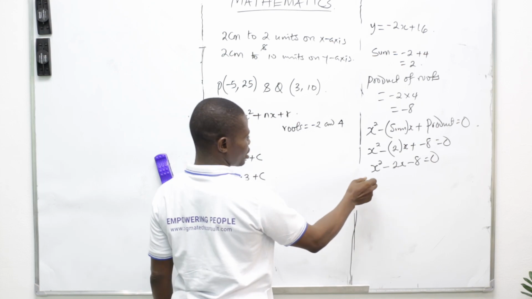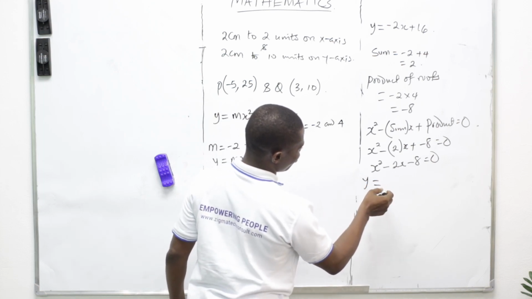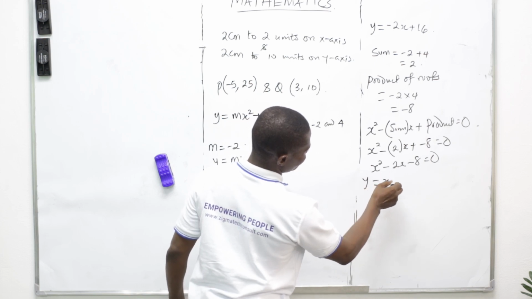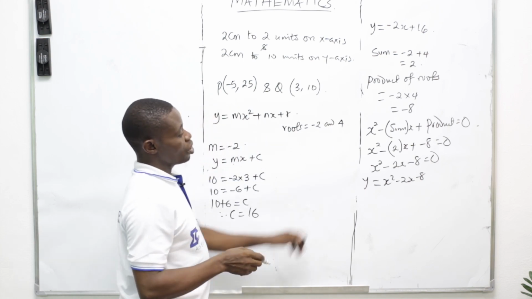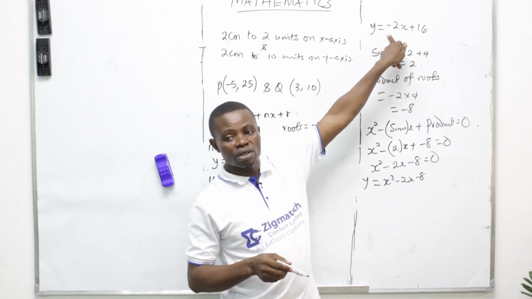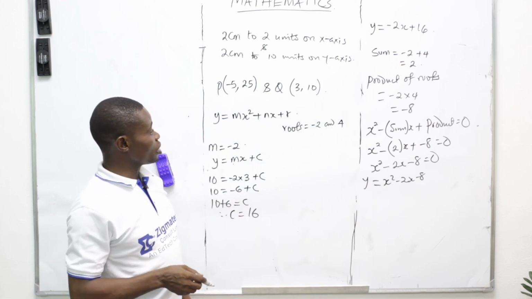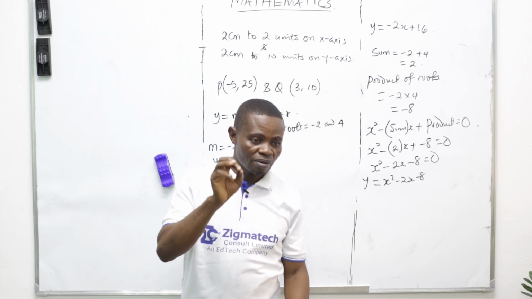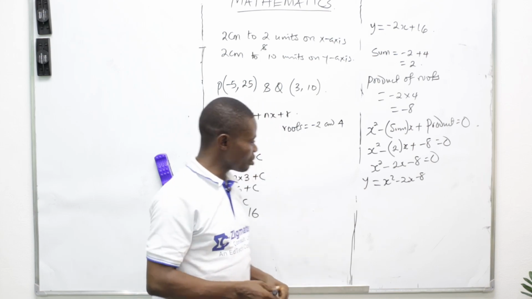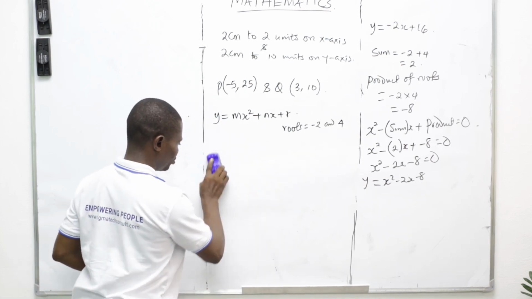Now, I assume that y is this. y equals x squared minus 2x minus 8. Also remember that y is also this, meaning equate two of them together, because our target is to get what? The values of m, n, and r from our own tracing.